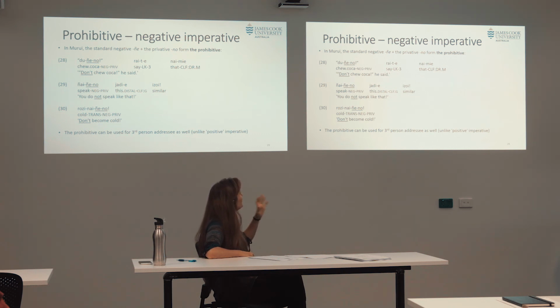And in 30 you have "rozinaj nie no," don't become cold. So interestingly, there is an asymmetry in use of the positive and negative imperatives, because unlike positive imperatives, which are used for the first and the second person, the prohibitive or the negative imperatives are used as well for the third person.